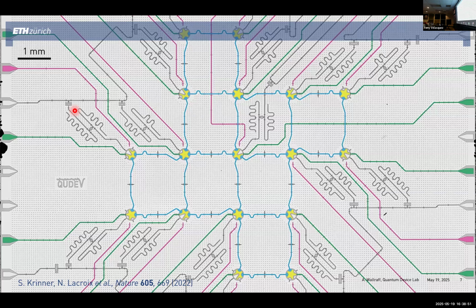There's a question online. Are the perforations in the ground plane there to prevent vortex trapping? So the question is, what are all these little dots that you see? The little dots are where you actually look through the metallization film onto the substrate, and indeed they're there to trap magnetic flux.